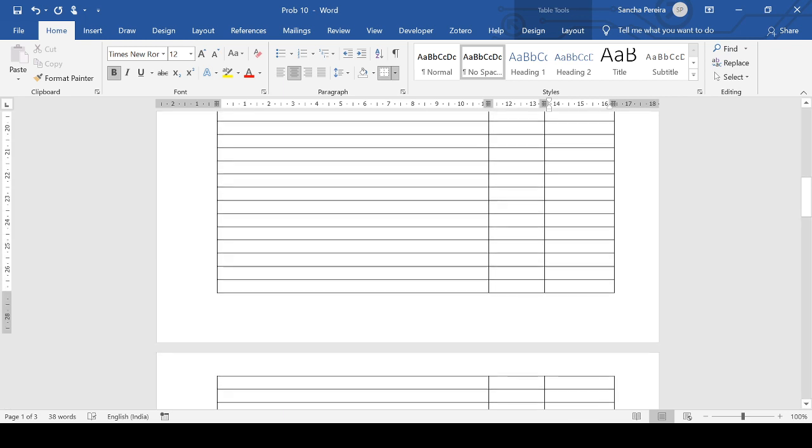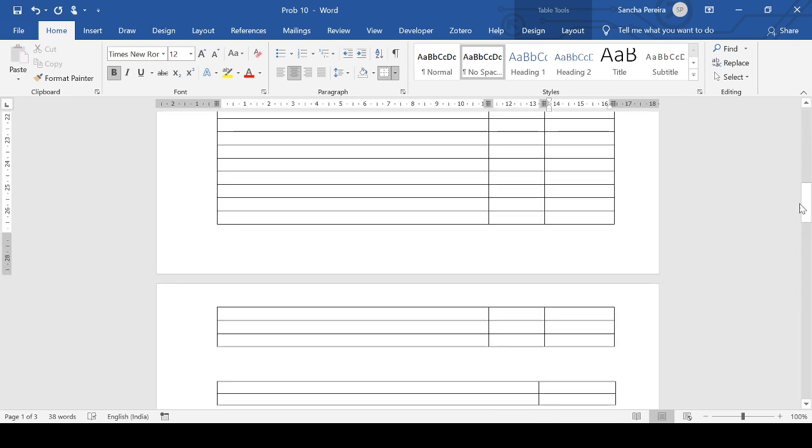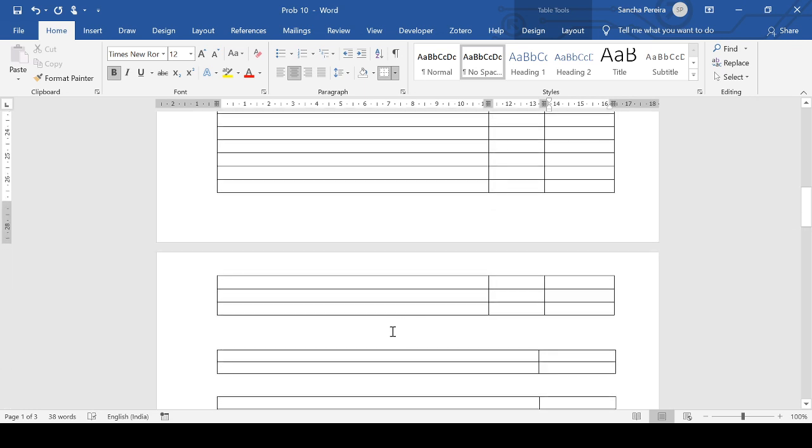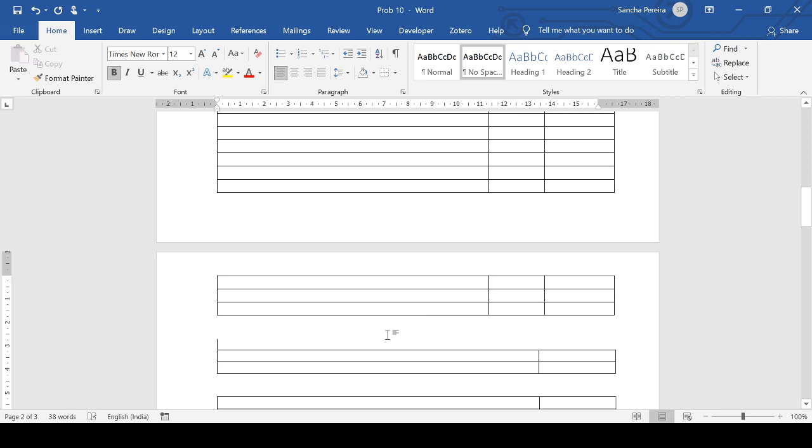The first is Schedule 1. Schedule 1 is capital. So here we have authorized capital.